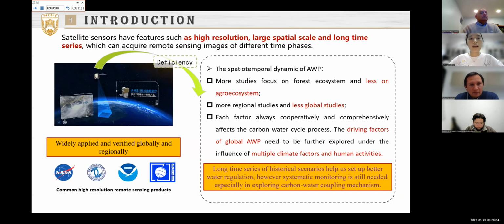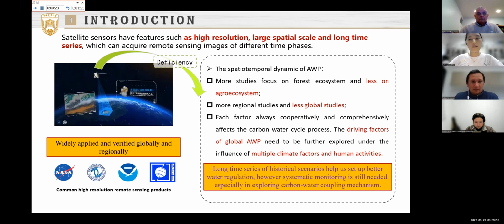Satellite sensors have features such as high resolution, large spatial scale, and long time series, making it possible to characterize the spatial temporal dynamic patterns of AWP at pixel scale, and being widely verified and applied. Historical records help us set up better water and land regulation. However, systematic monitoring is still needed, especially in exploring the carbon-water coupling mechanism.